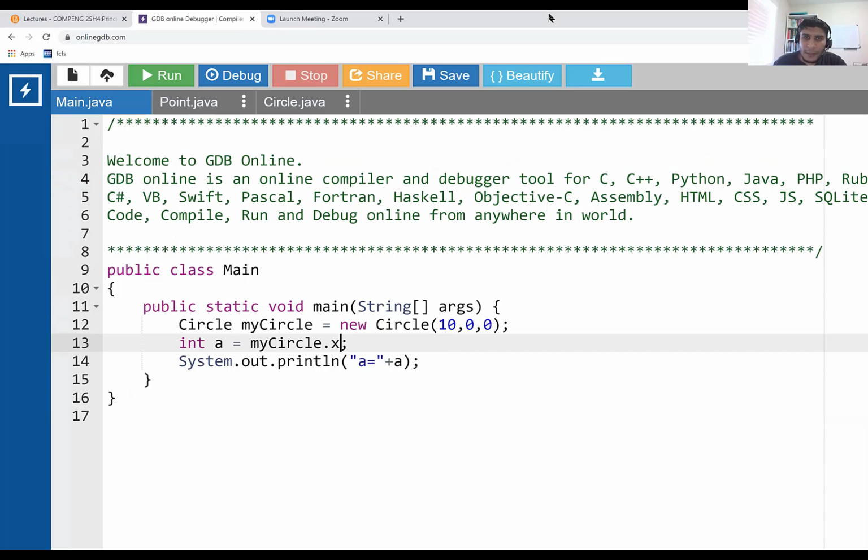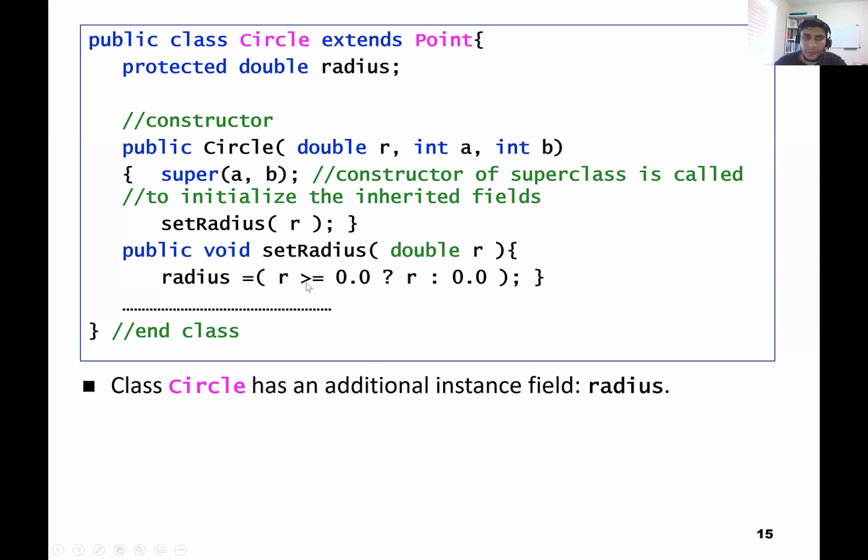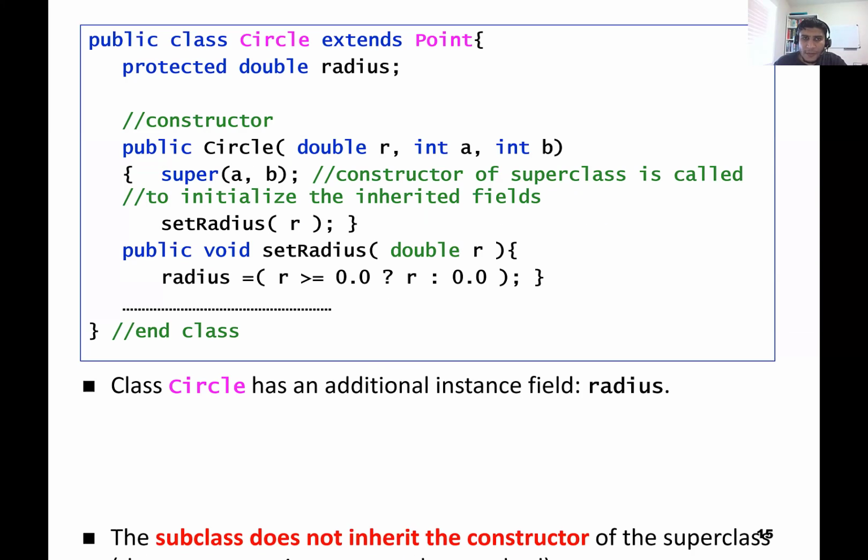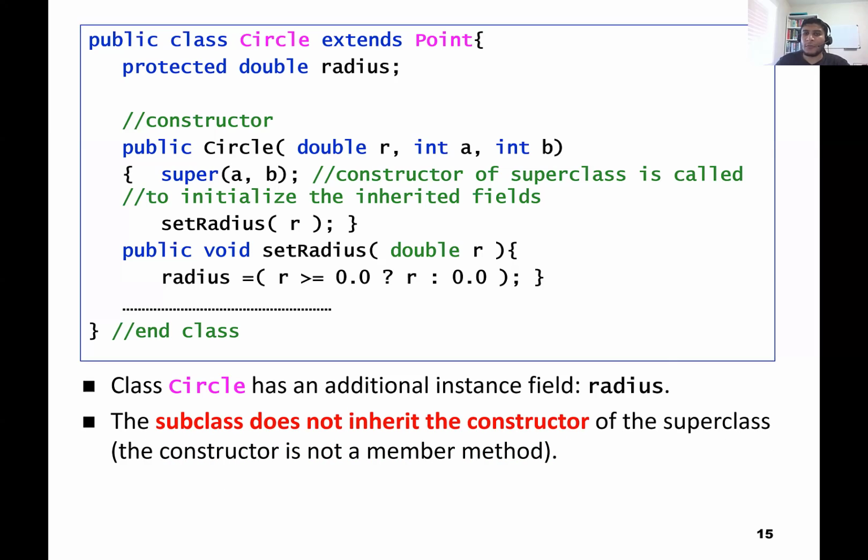Going back to the slides. We have already seen this. One thing you also have in the circle class is additional methods, right? Because we said a horse will inherit all the mammal features, but it has its own features and actions. So setRadius, for example, is a method that only exists in the circle, not in the point class.